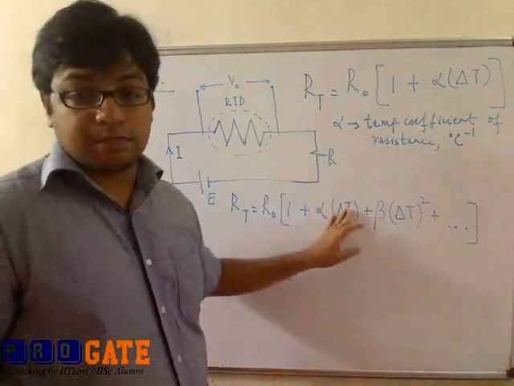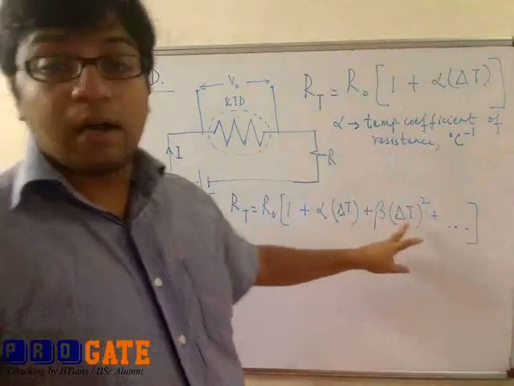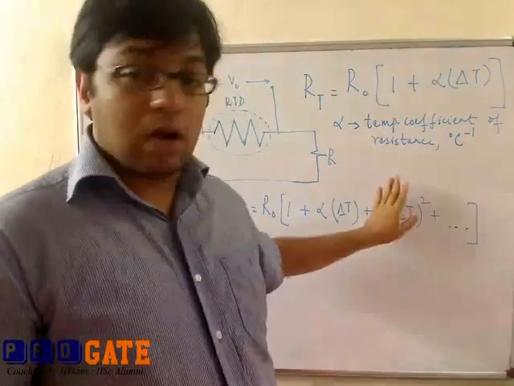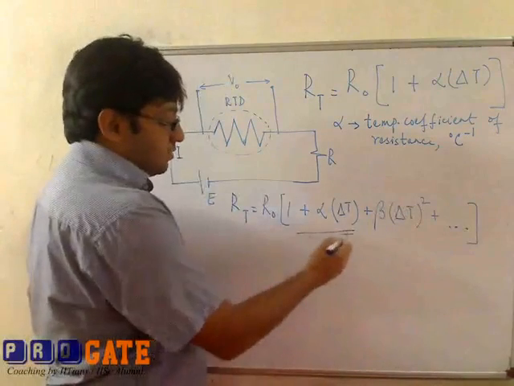In general, this is the expression where you have other higher order terms of delta T. But for a linear approximation, all higher order terms are neglected, which is why we are left with this expression.